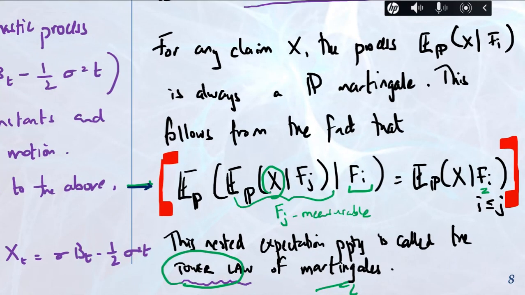Now, when you study this, what you see is that we have something here which is given Fj. So it is something which is known at Fj. Only this part is known at Fj.